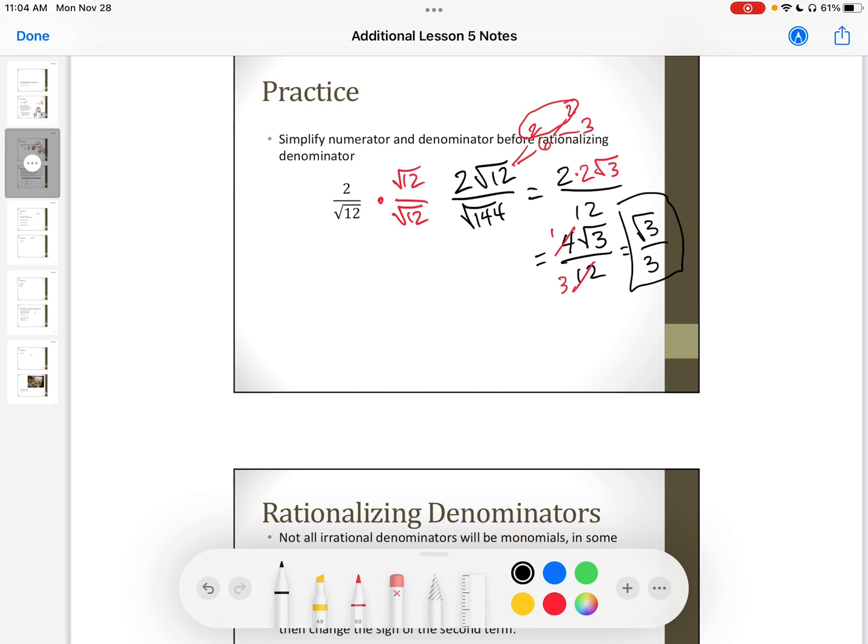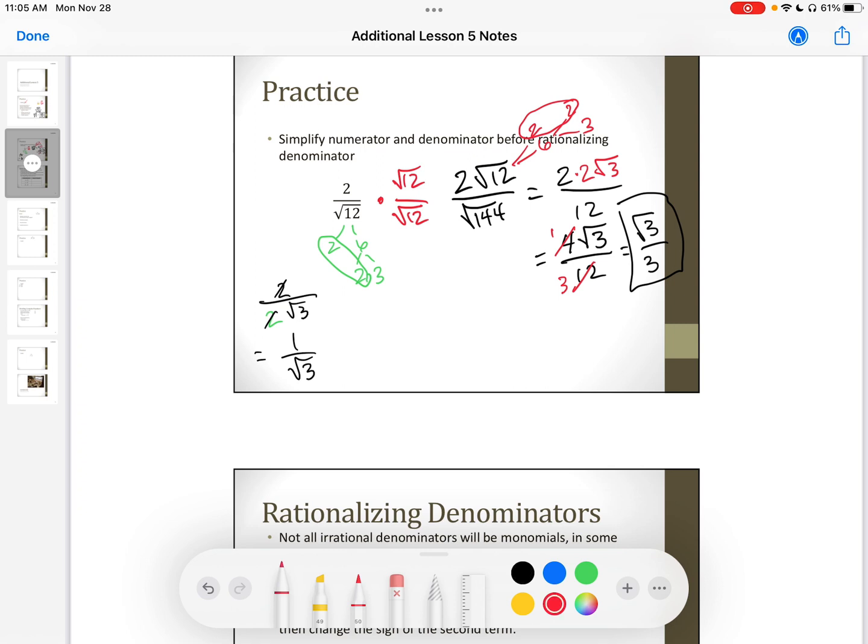Another option that I've had kids do, I'll do this one in green, they break down from the beginning. So square root of 12 is 2 and 6, 2 and 3. So they have that pair of 2's they can pull out at the beginning. They make that 2 square roots of 3 because I pulled those 2's out. Then you can cancel your 2's and you're left with 1 over the square root of 3.